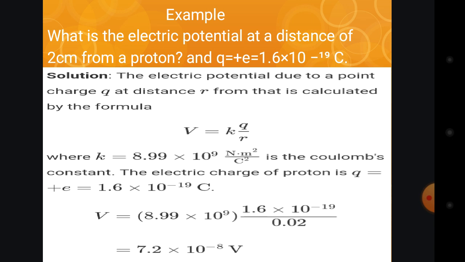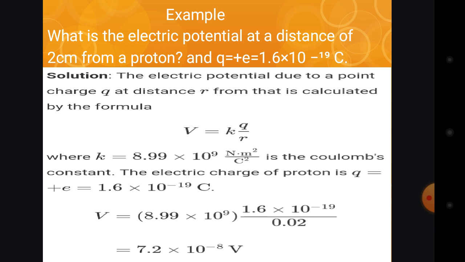If we press our calculator with the value of K multiplied by the value of Q divided by the value of the radius, we will be able to find the electric potential.